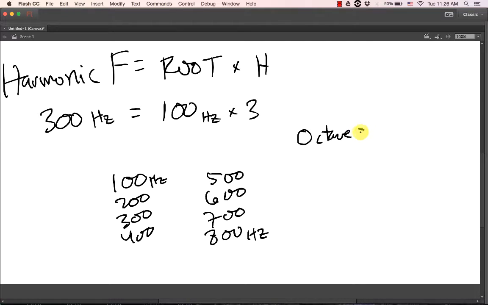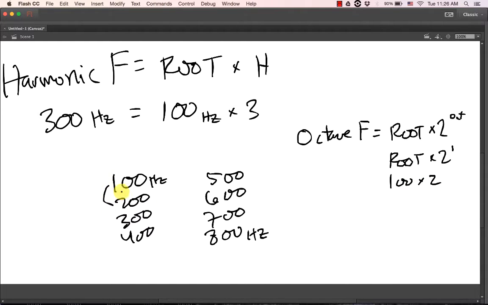So the octave frequency equals the root times 2 to the power of the number of octaves that you want. So if I want the first octave, that would be root times 2 to the first power, which is 2. So in this case, 100 times 2 equals 200.